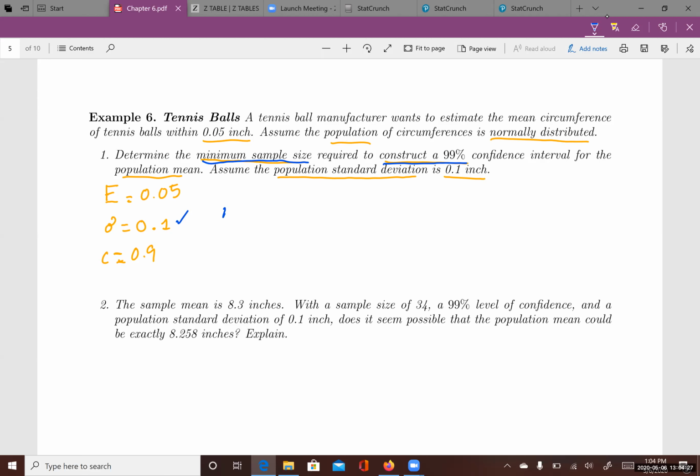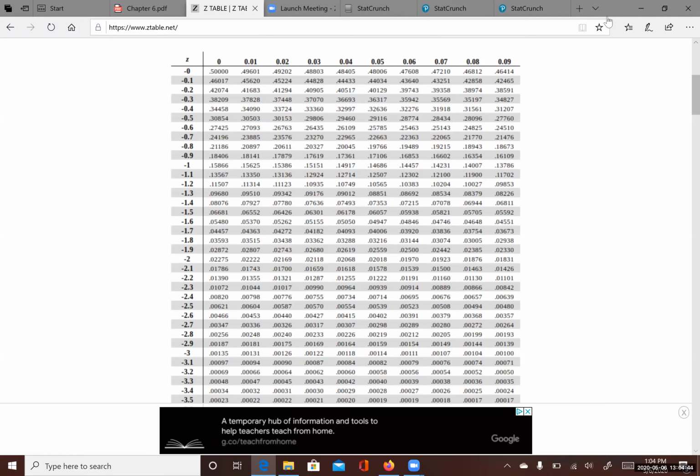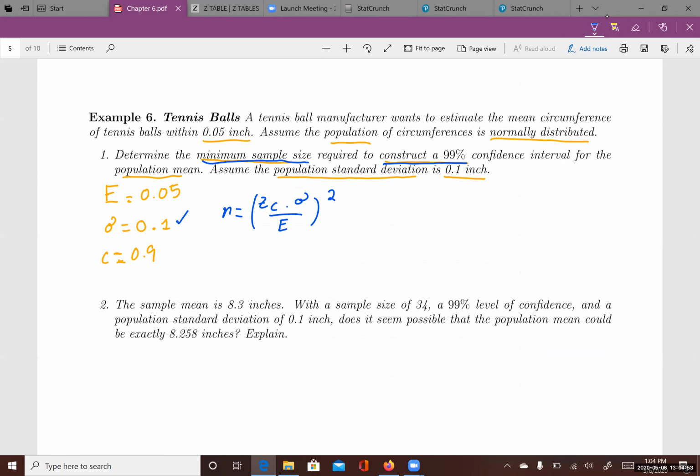And again, sample size n equals zc times sigma divided by E, squared. What is zc for 99%? 0.005. I think we found it earlier that it should be 2.575. 2.575 is the z-score. So 2.575 times sigma, which is 0.1, divided by E, which is 0.05, and squared.